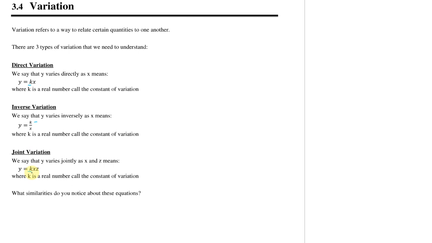If you thought of all of these as a fraction, so pretend for a second this is like a fraction over 1, where is k in all three of these equations? K is really always in the numerator, right? So that's very important to understand when you're trying to understand these definitions. And so if you know that, now let's break this down a little bit farther.